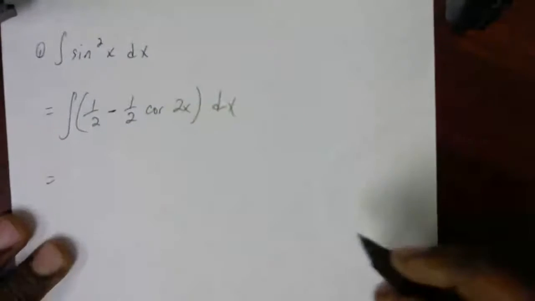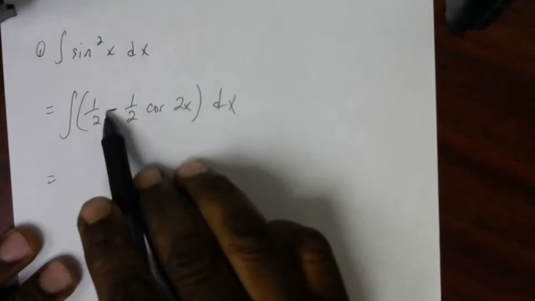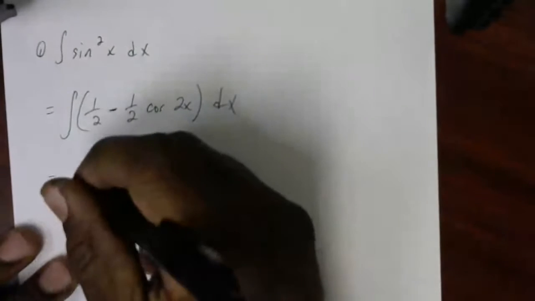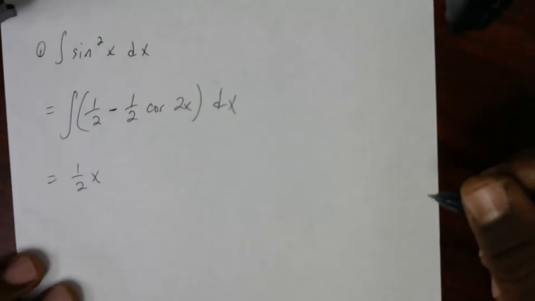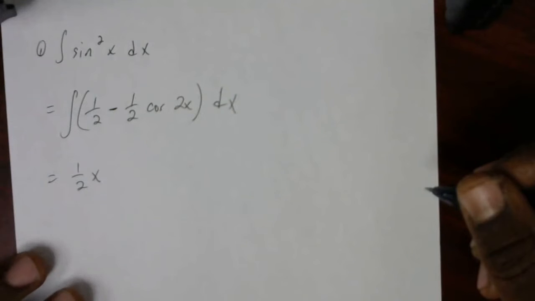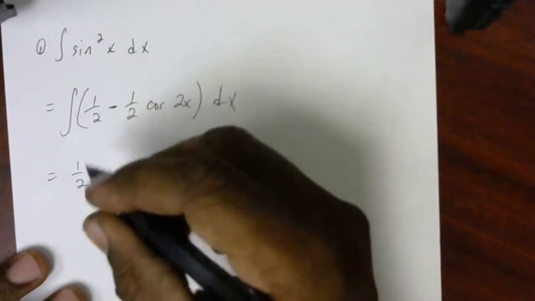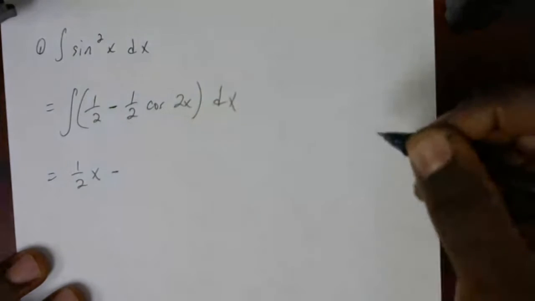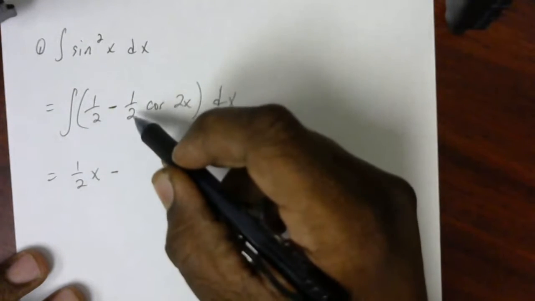All right, so now we'll integrate it. I'm going to distribute my integral operator. If I integrate 1/2, I have 1/2 x. I'm going to bring down my minus, and bring down 1/2.